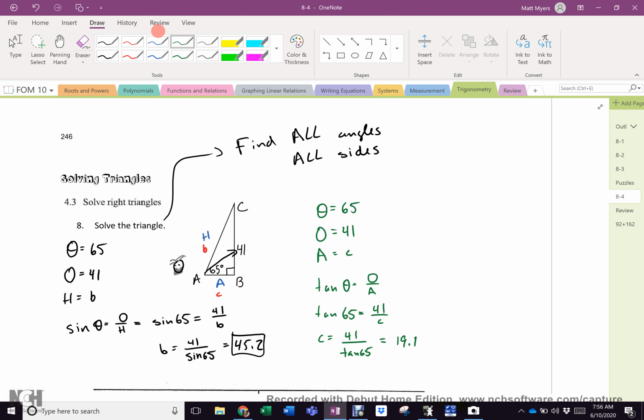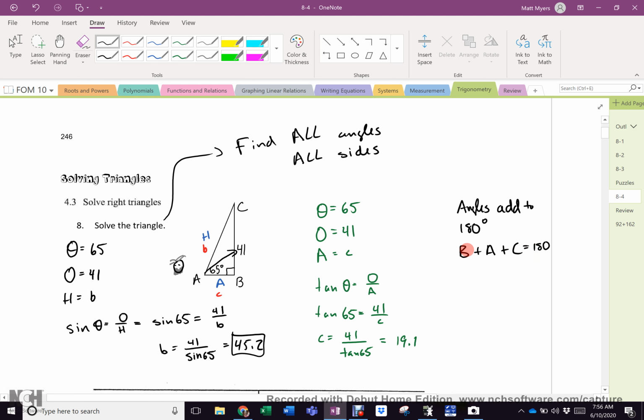I'm missing one angle. Well, we remember that the angles add to 180. So, B plus A plus C has to equal 180.